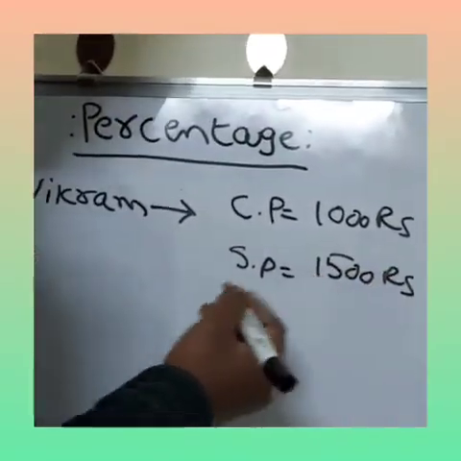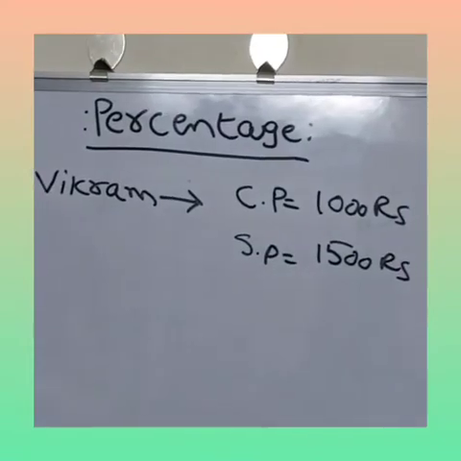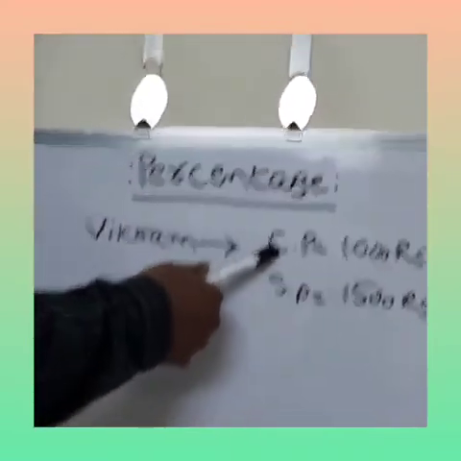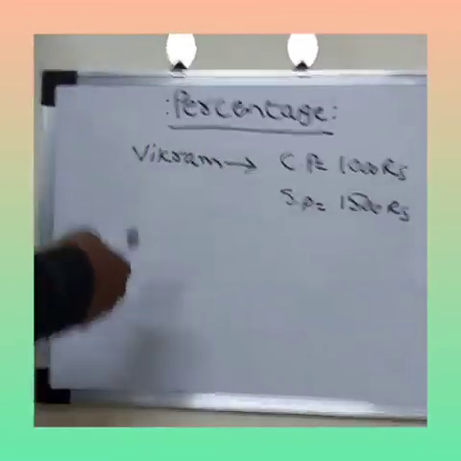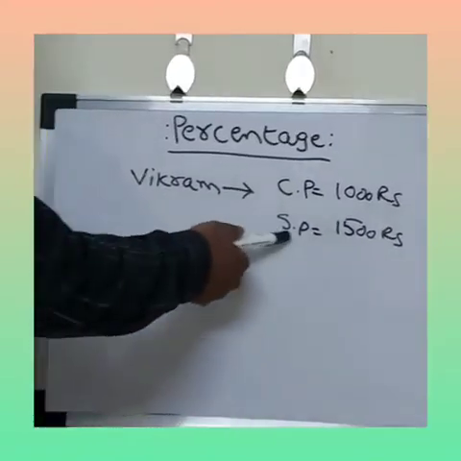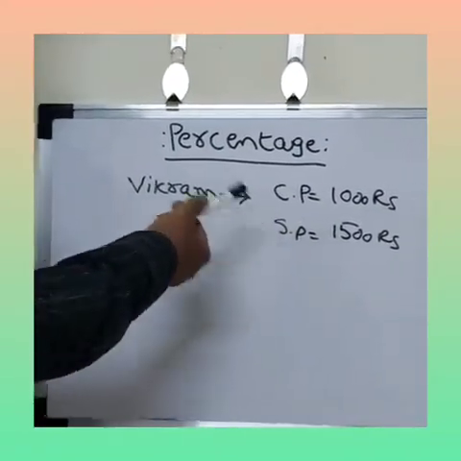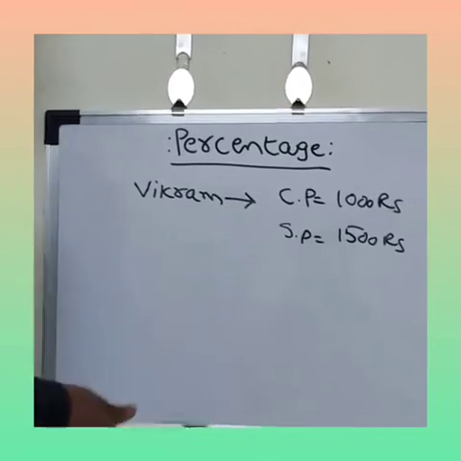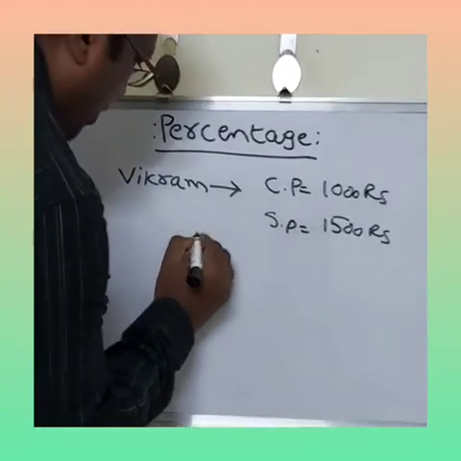So the basic thing is that the selling price is greater than the cost price. Whenever the selling price is greater than the cost price, there will definitely be a profit. What is the profit here?